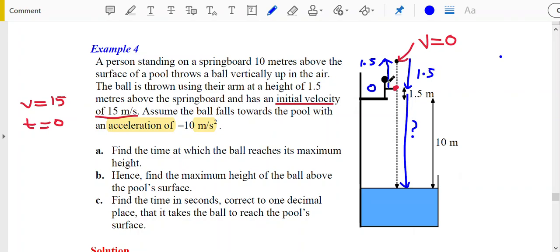When the ball goes back down, that's a negative number, according to the origin. Okay, so the origin is actually the pool surface, not where the hand is. The origin is down here. But we know the distance that the particle needs to travel is 11.5 meters, but negative 11.5 meters, going in the other direction.